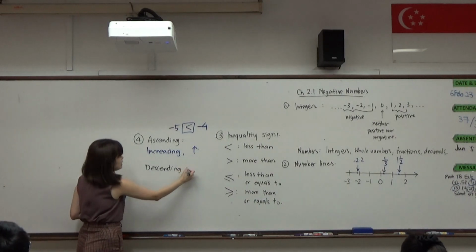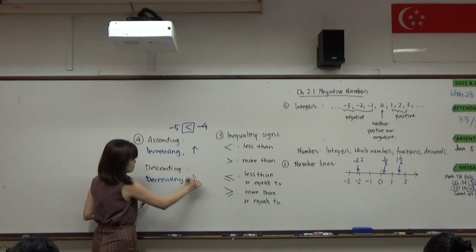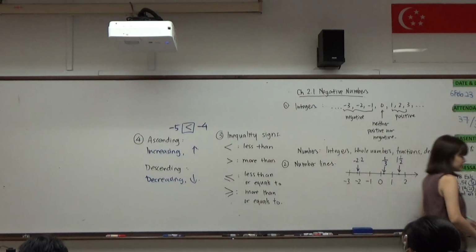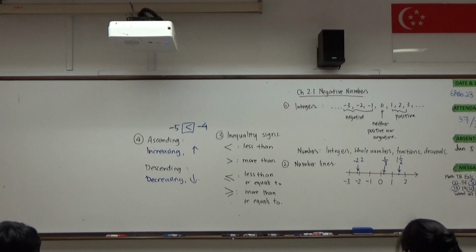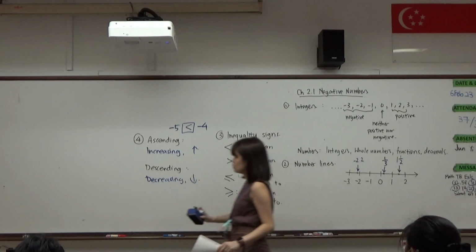Descending would mean that it is decreasing. If that is clear, we will move on to look at 2.2 and hopefully 2.3 as well.